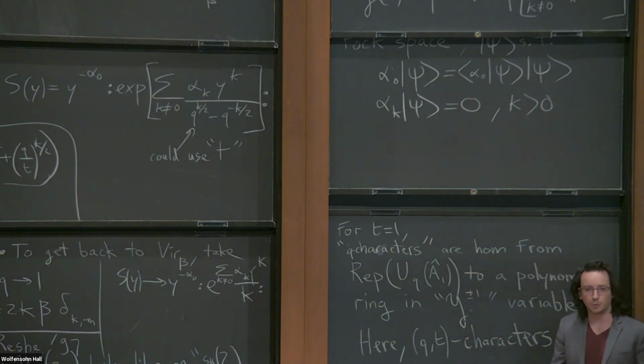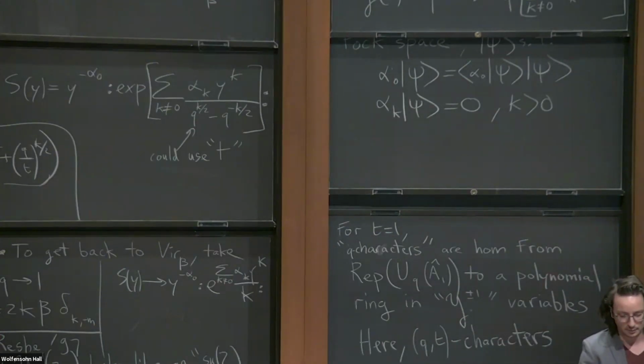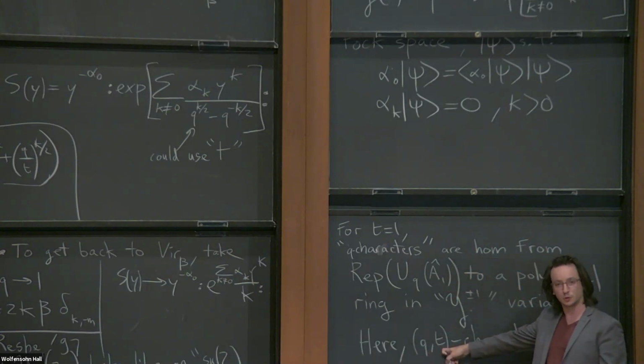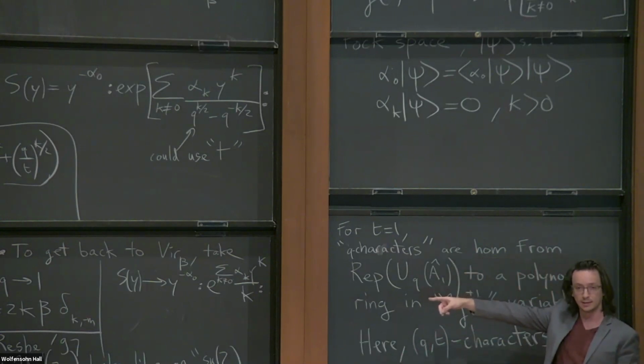And they've been repopularized. Frenkel and Reshetikhin, furthermore, in '98, constructed these characters with two deformation parameters, which is exactly what we constructed here for Virasoro.